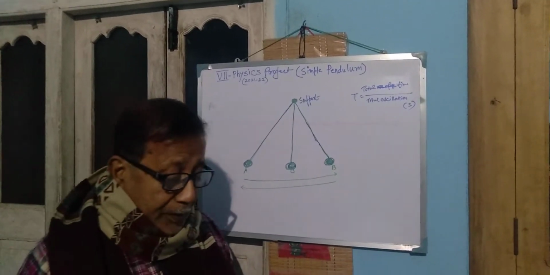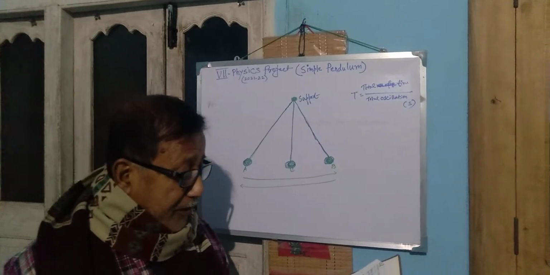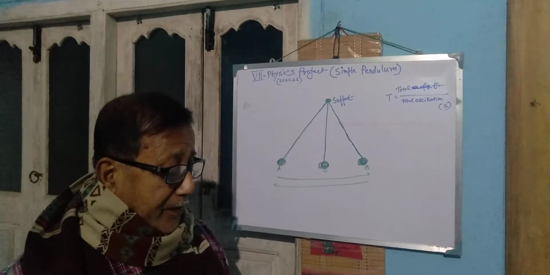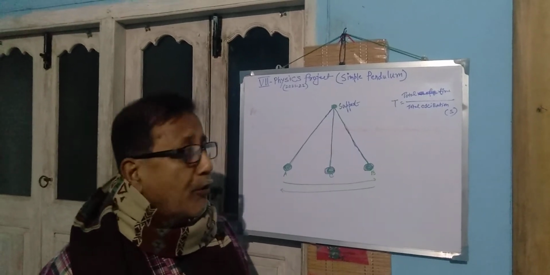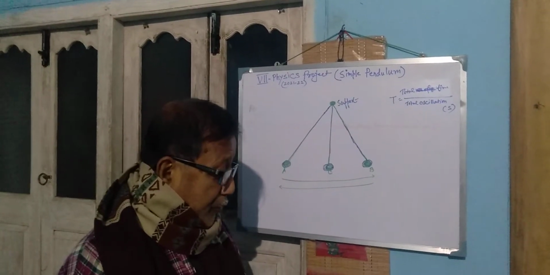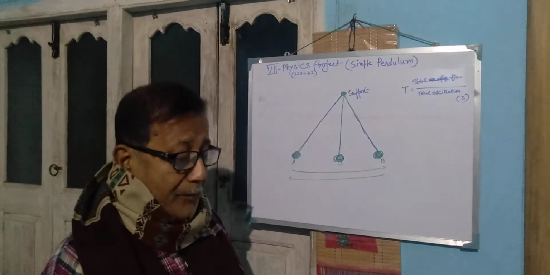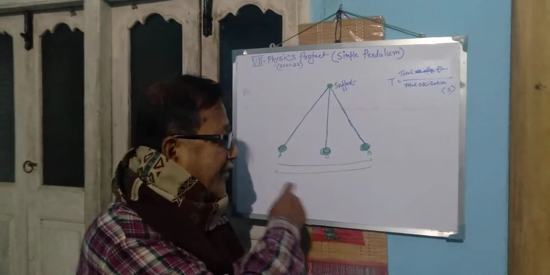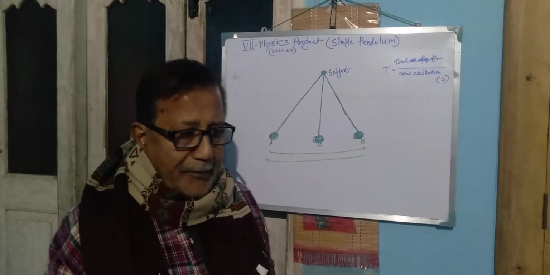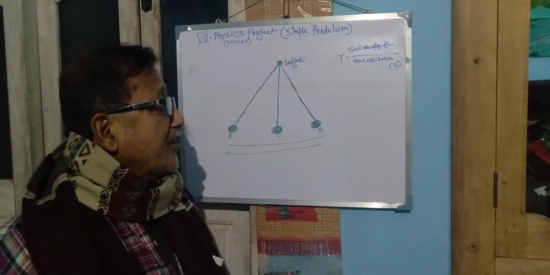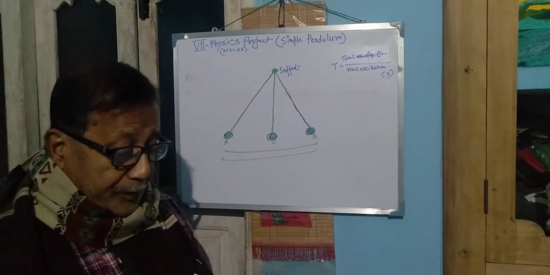So now with the help of these two pieces of information, you will have to find out the time period. So how will you find the time period? For that, one observation table is to be made, with a serial number. Now as I have shown you that the pendulum is oscillating, you have counted the total number of oscillations, 10 oscillations, and the time.